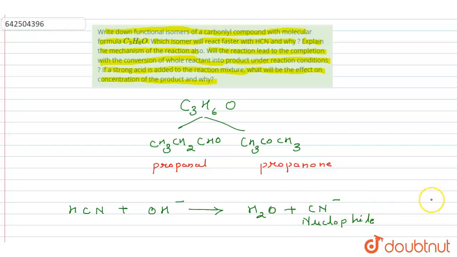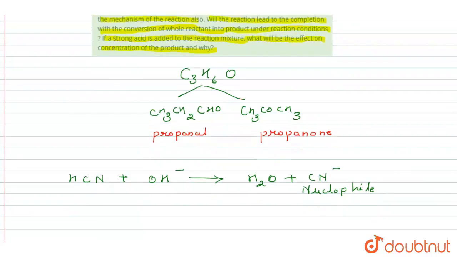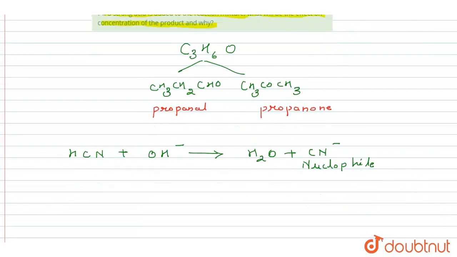In actual practice, HCN needed for the purpose is produced in situ by the action of dilute mineral acids on sodium cyanide. So here is the mechanism for this reaction. The reaction is believed to proceed as follows. The positively polarized carbon of the carbonyl group is attacked by the strong nucleophile CN negative. So here this is C double bond O plus CN negative.